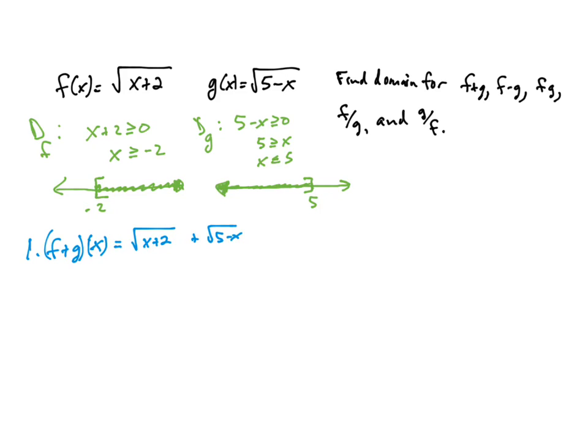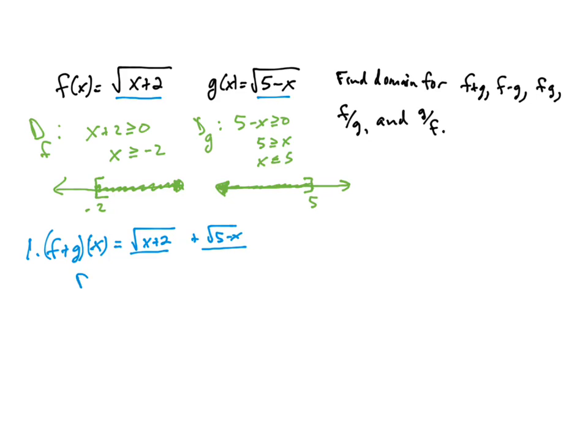Now we cannot combine these. These radicals have different radicands, so that's as simple as we can go. We're not presented with a different form of this combined function from what we were given. We started with two radicals and we're ending with two radicals.